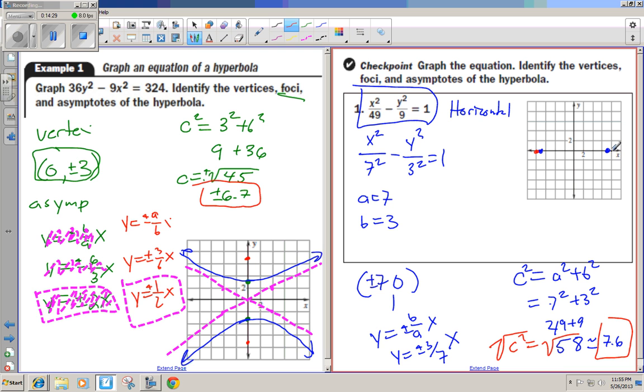So I'll just put it right there and right there. Asymptotes, 3/7. So we go up 3 over 7.